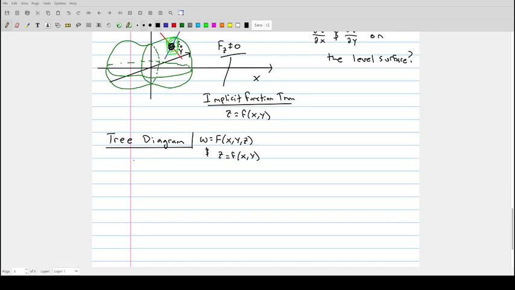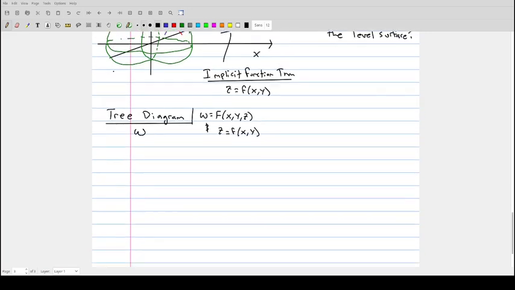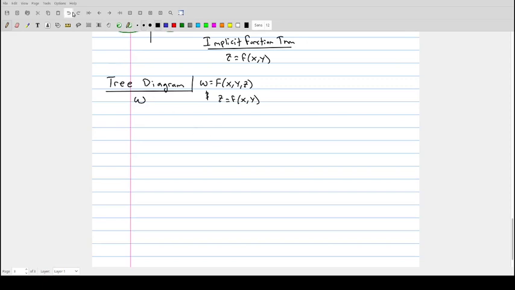The tree diagram for this example is that W depends on z, but it also depends possibly independently on x and on y.